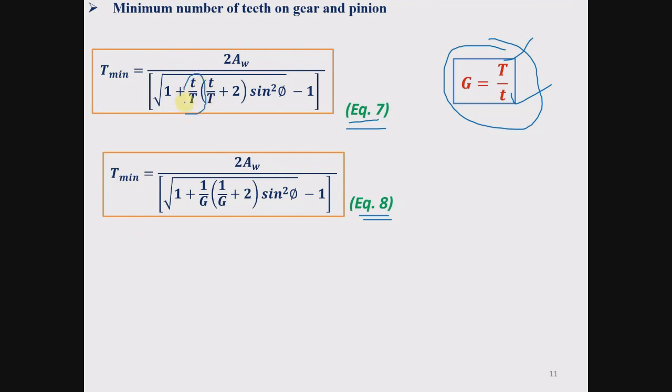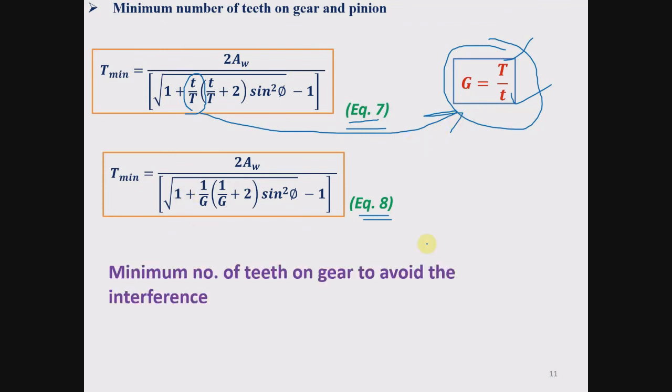Small t upon capital T is the inverse of gear ratio. So we have included the term of gear ratio in the final equation. This equation will help you to determine the minimum number of teeth on gear to avoid the interference with pinion.